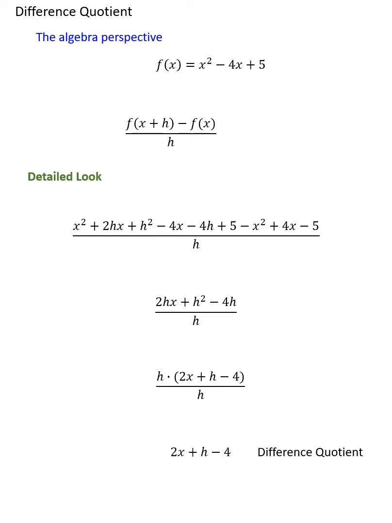Anyways, there is your final simplification here, and that's what we call the difference quotient for this particular function. Of course, any function you could be given has a different difference quotient than any other in most cases, but this is the difference quotient that's associated with this particular function.